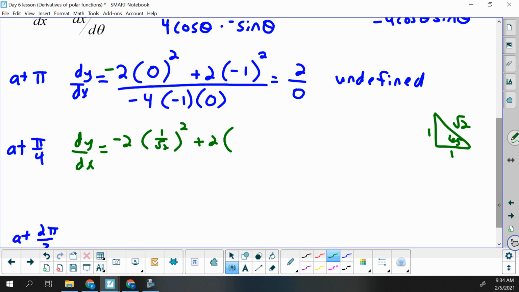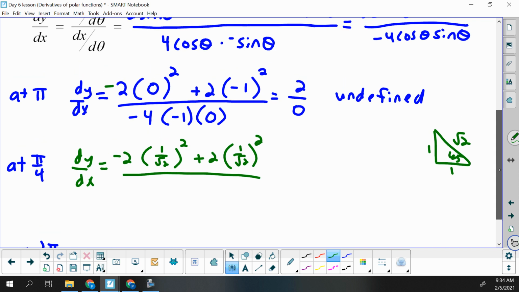So we would have for cos, we would have 1 over square root of 2 again, squared. On bottom, we have -4 cos theta sine theta. So that's -4, 1 over radical 2 for cos, 1 over radical 2 for sine. So 1 over square root of 2 squared is going to give us 1 over 2, times the -2 will give us -1.